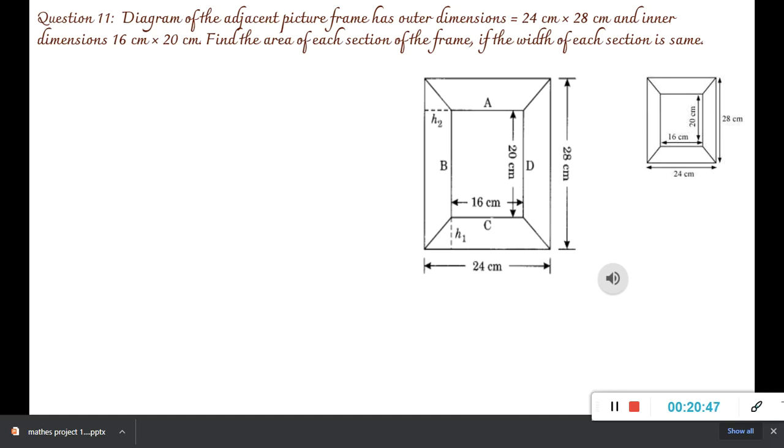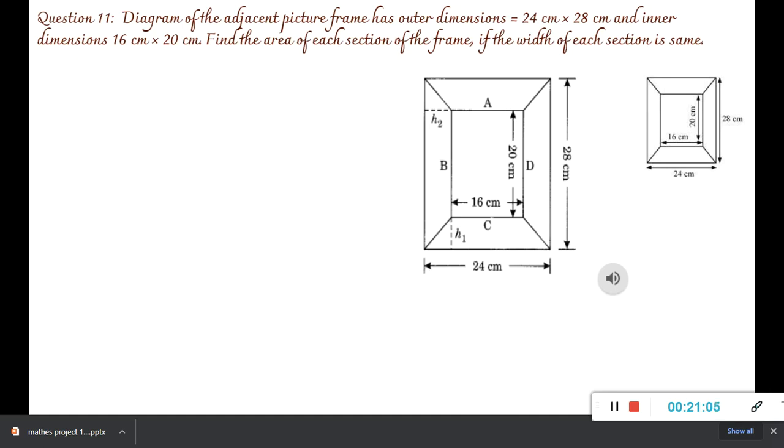So both are in the shape of a trapezium, right? All have the same shape, a trapezium. Here we already have the parallel sides, but we don't have the perpendicular height, so we have to find the height.